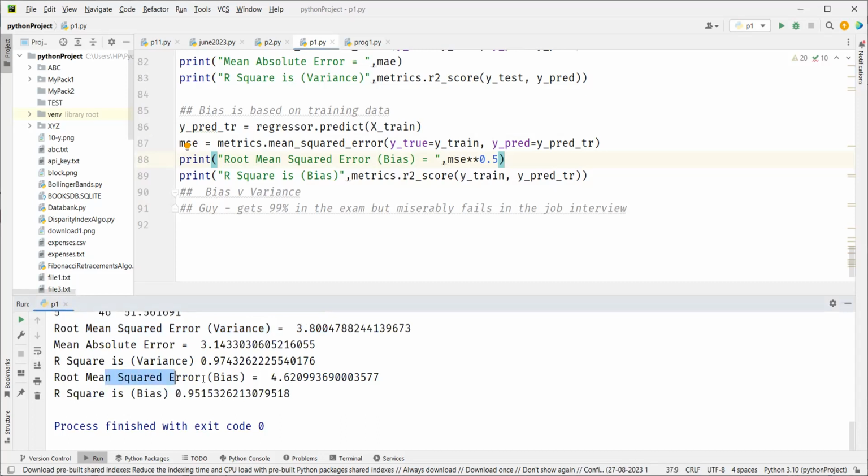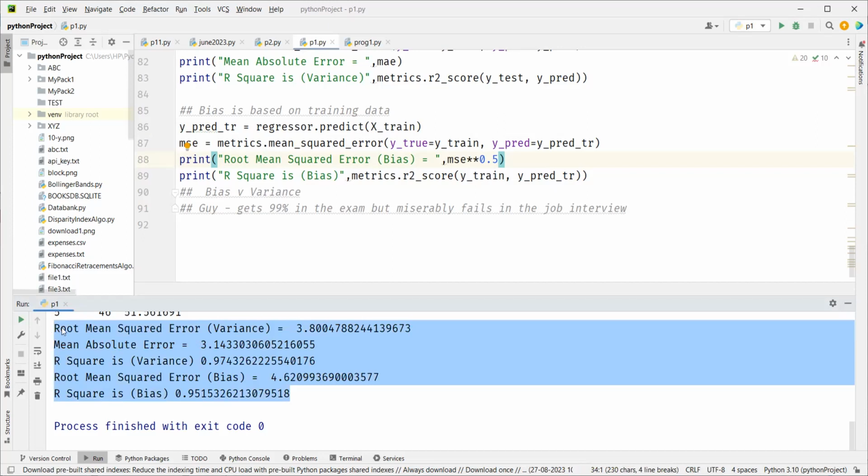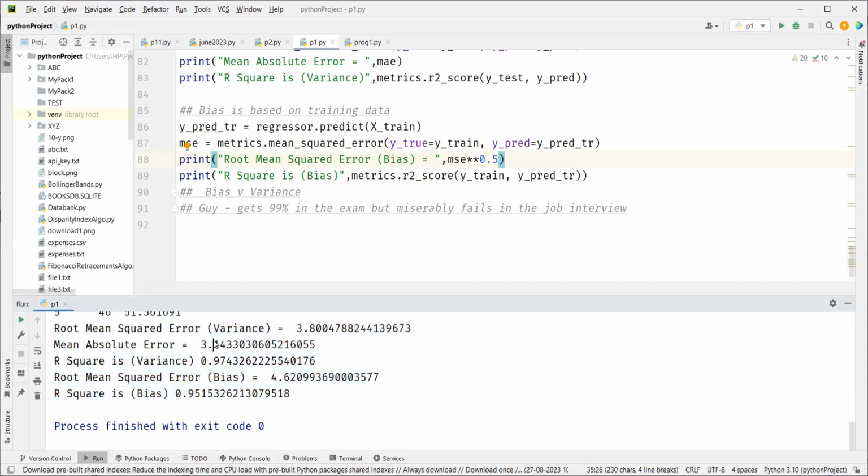On training data, it is 4.62, so this is higher. We expect bias to be lower. That means probably you're not using the right model. Or in this case, it's happening because we have very few rows. But at least the model is thinking. So this is how you calculate your variance and bias.